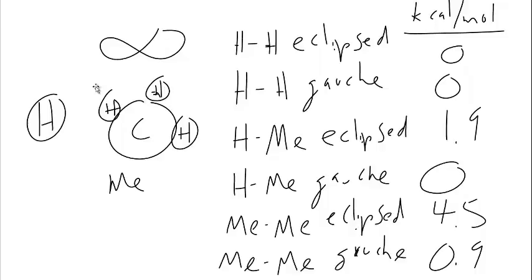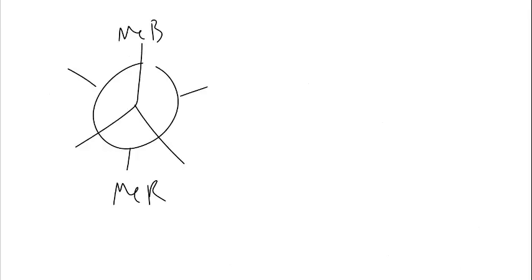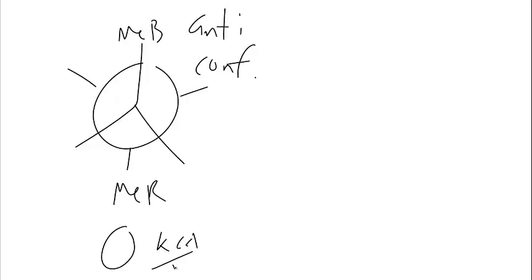The only one that we really have to worry about would be methyl-methyl gauche, and we simply don't have that in this conformation. So it's very easy to say that this conformation, as we predicted, the anti-conformation, I'll just write conf, clocks in at exactly 0 kilocalories per mole, and it's pretty obvious why we call this one the lowest possible energy conformation.